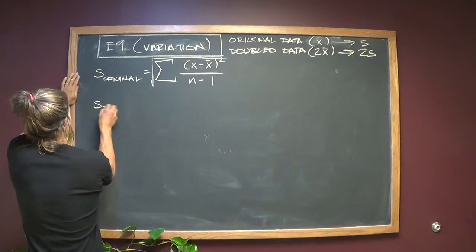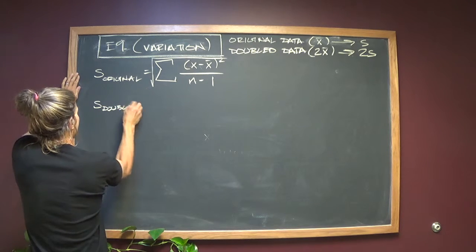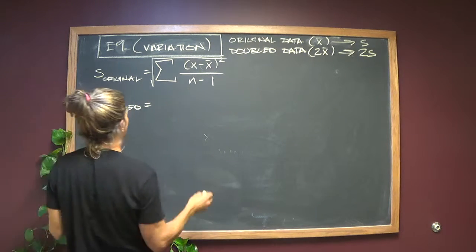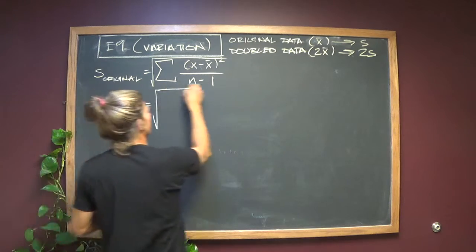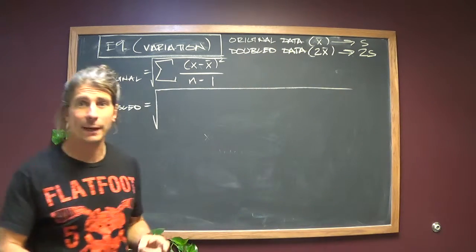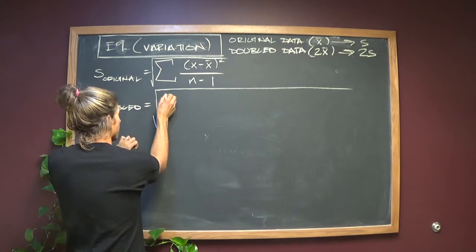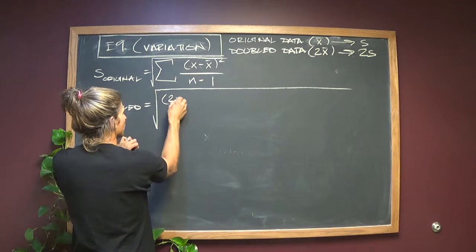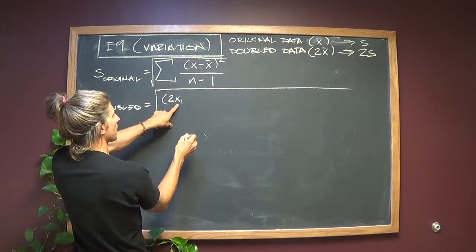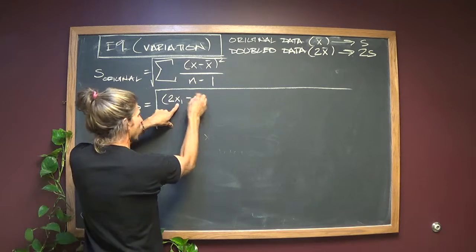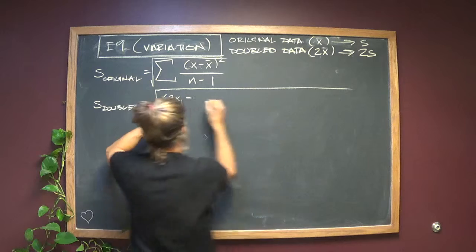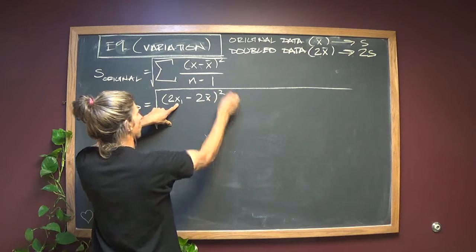What is the standard deviation of the doubled data going to look like? Well, we know by definition, it's a big old radical. Each data point, which remember now, each of those data points is doubled. So it's going to be 2 times x sub 1 minus the average, which is double x bar, squared.